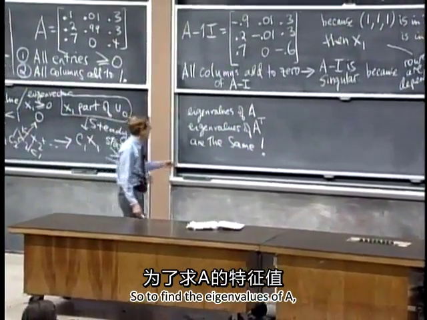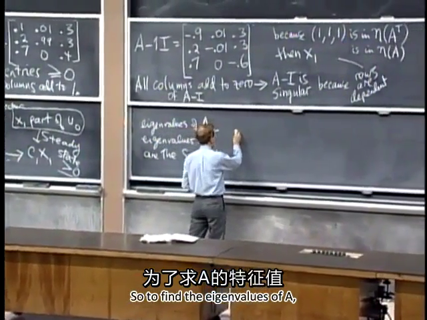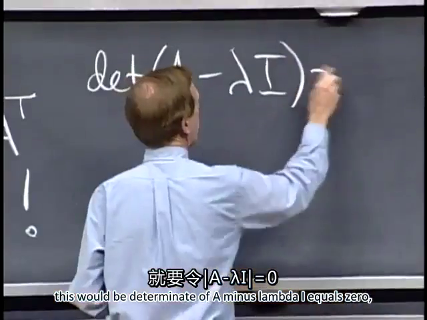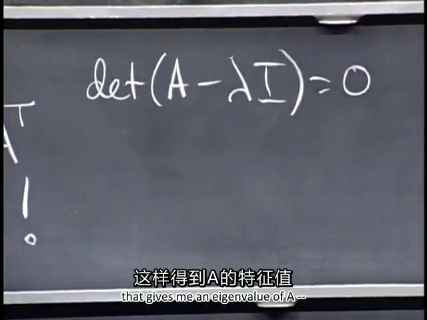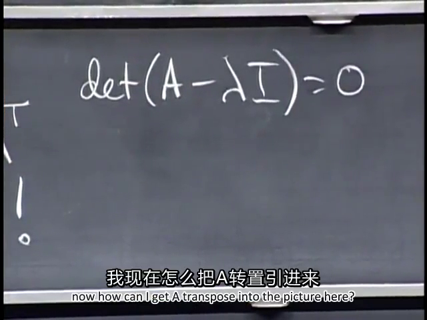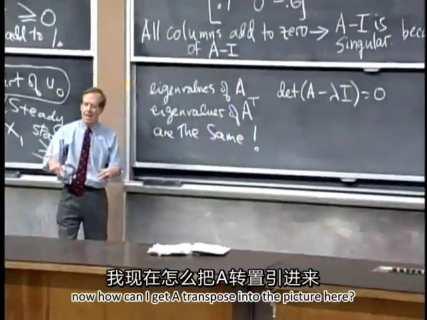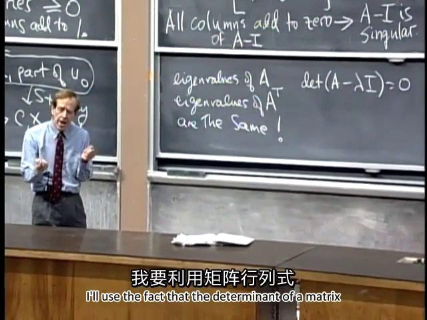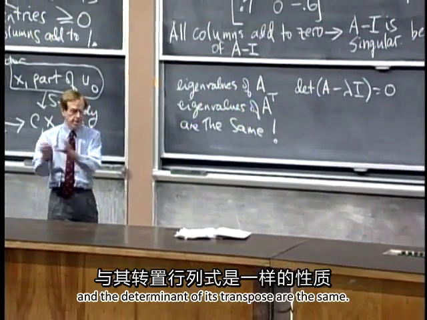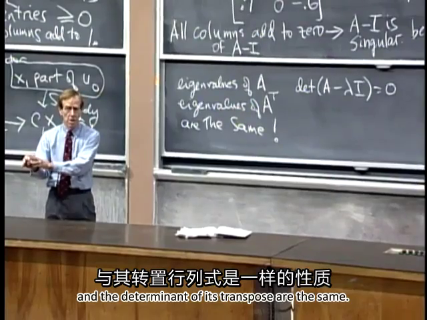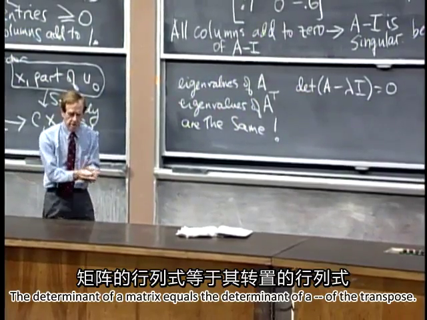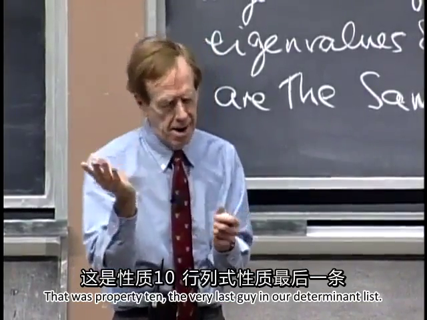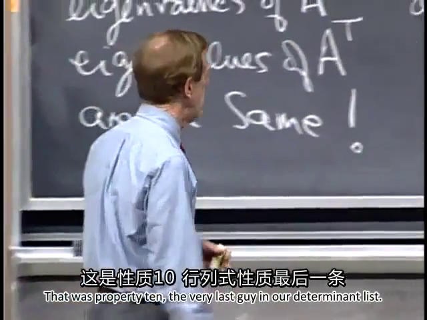So to find the eigenvalues of A, this would be determinant of A minus lambda I equals 0. That gives me an eigenvalue of A. Now, how can I get A transpose into the picture here? I'll use the fact that the determinant of a matrix and the determinant of its transpose are the same. The determinant of a matrix equals the determinant of the transpose. That was property 10, the very last guy in our determinant list.